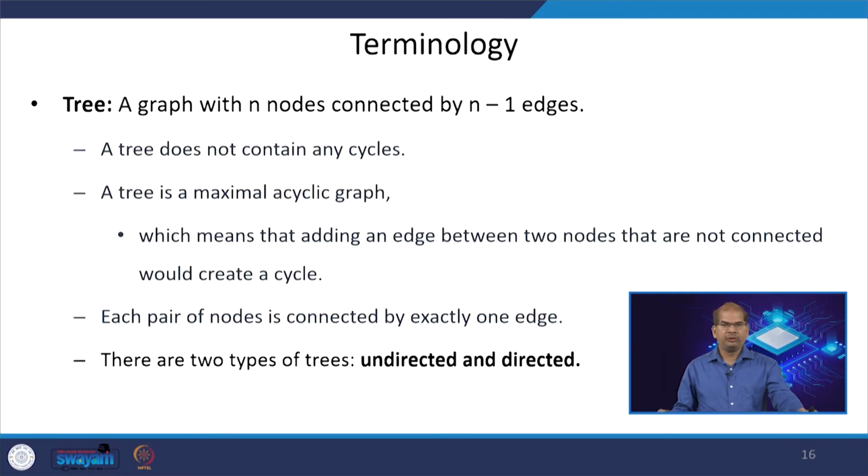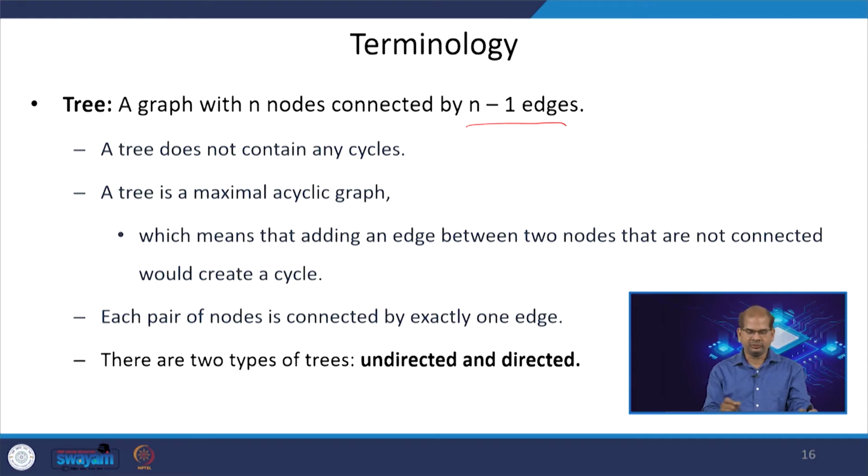Now we will go into the tree. A tree is a graph with n nodes connected by n minus 1 edges. A tree has no cycle.